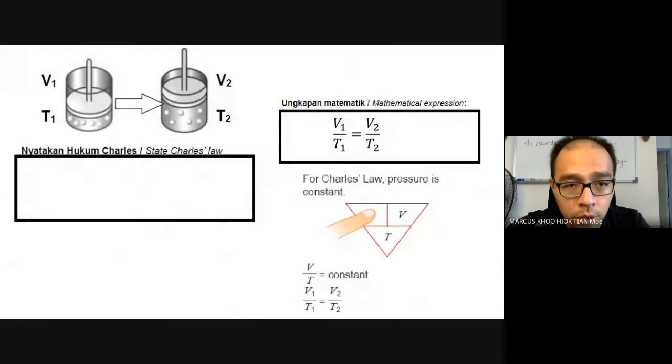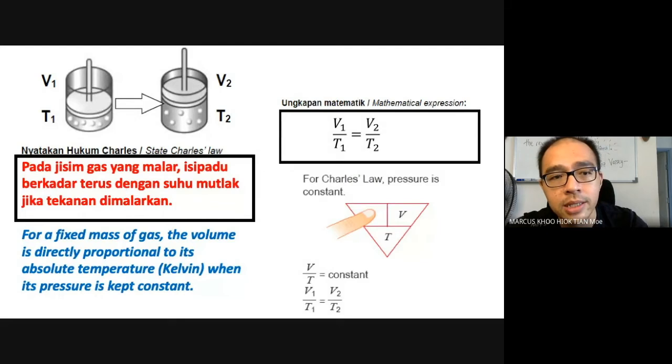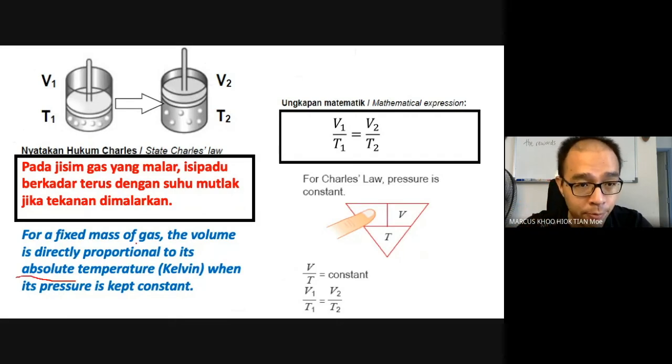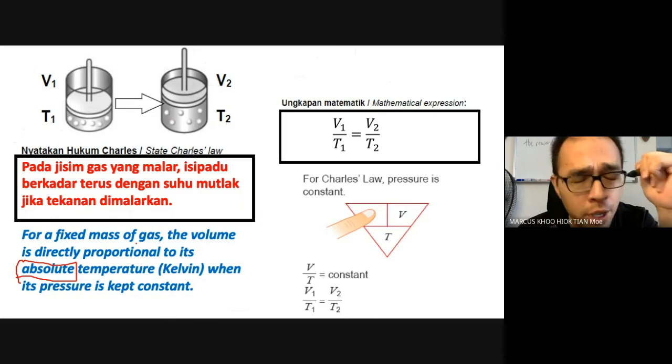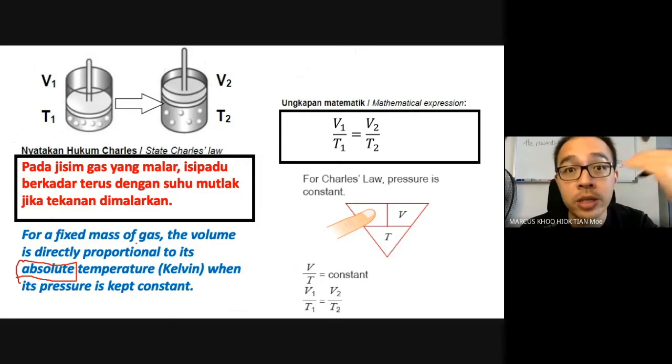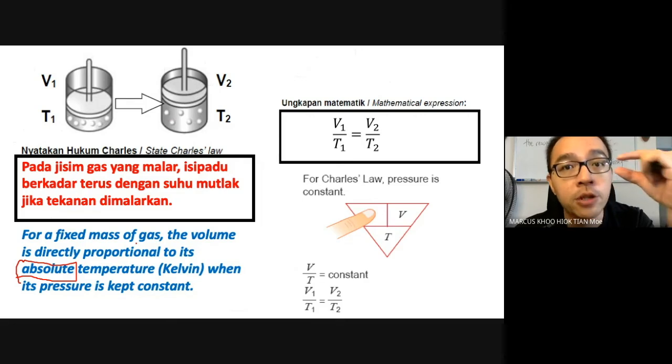Okay, so Charles' law states that for a fixed mass of gas, the volume is directly proportional to its absolute temperature. Please underline the word absolute, because if you don't have the word absolute, then the definition is wrong. Because Charles' law and the next law, which is pressure law, work under the premise of absolute temperature, which is in Kelvin.